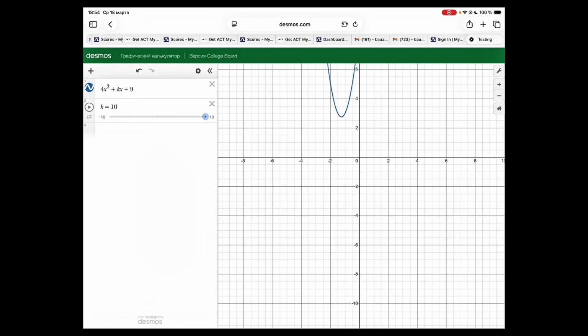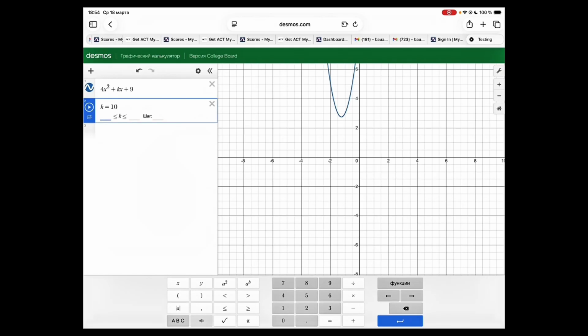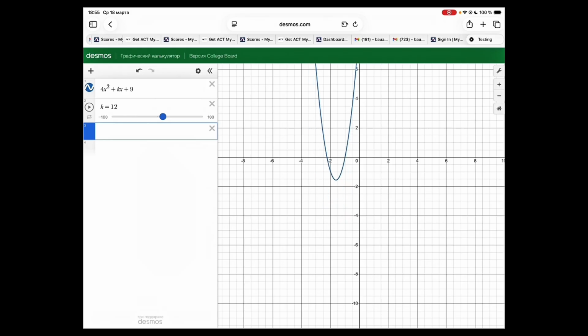Okay, what about the 1 solution? How is it going to look graphically? I'm going to write negative 100 to positive 100 so that it can give me more range. And I want to slide a little bit and show when it's going to have 1 solution.